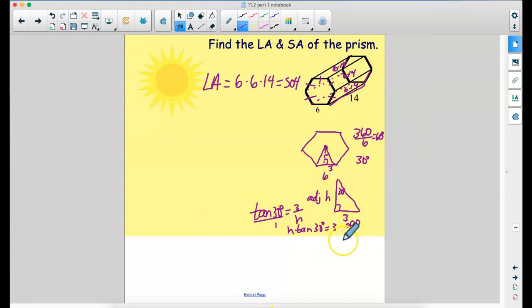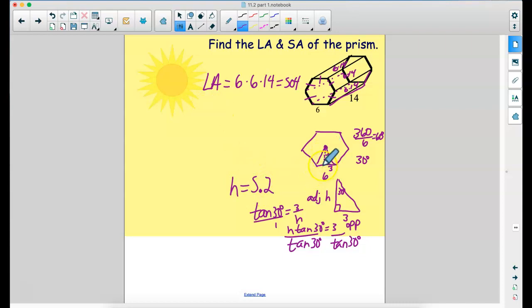And then we can divide both sides by tangent of 30. Make sure you're in degree mode. 3 divided by tangent of 30 is about 5.2. So that's our height.